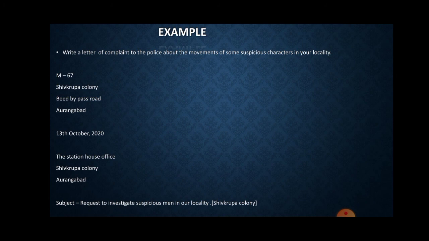See the example of formal letter now. This is written with the help of given 8 points. The question is, write a letter of complaint to the police about the movements of some suspicious characters in your locality.